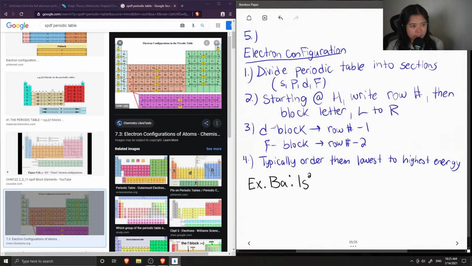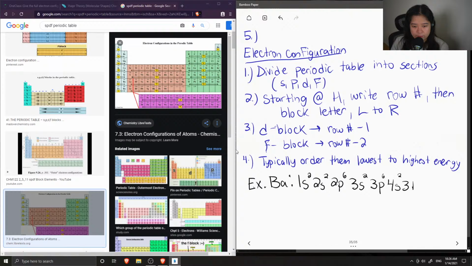And then we go down to the next row: 2s2, and then we move across to 2p6, which can house 6 electrons, and then 3s2, and then 3p6. Moving down, I'm going to write my 4s2 first, and then moving across to the d orbital, we have 3d10.